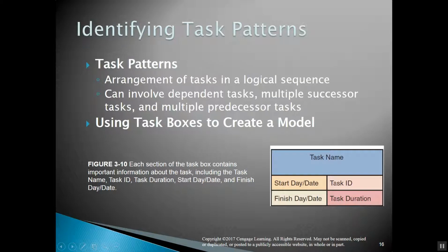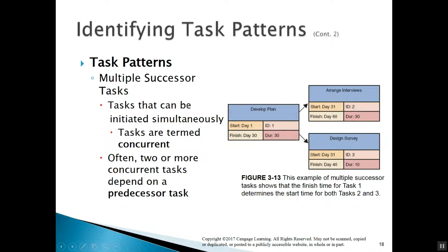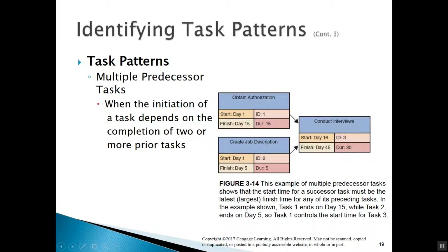So there are task patterns, and we can use task boxes to create a model. And here we are setting up a model step by step. Okay. Develop a plan. From there, 2 things will happen. All right, so anything we can do to get a visual to help us understand how this works and how it needs to get set up, we'll do it.